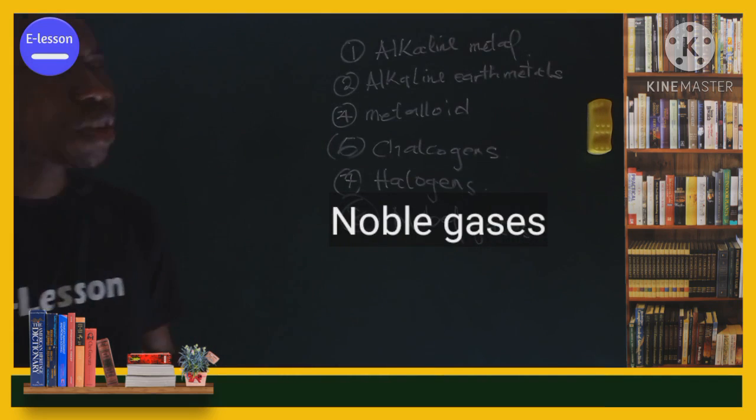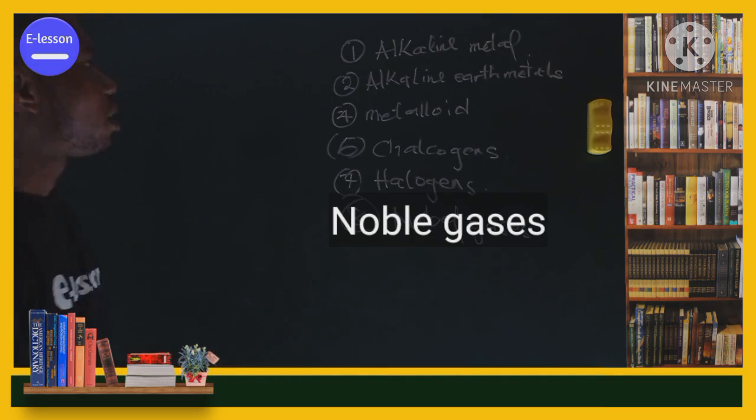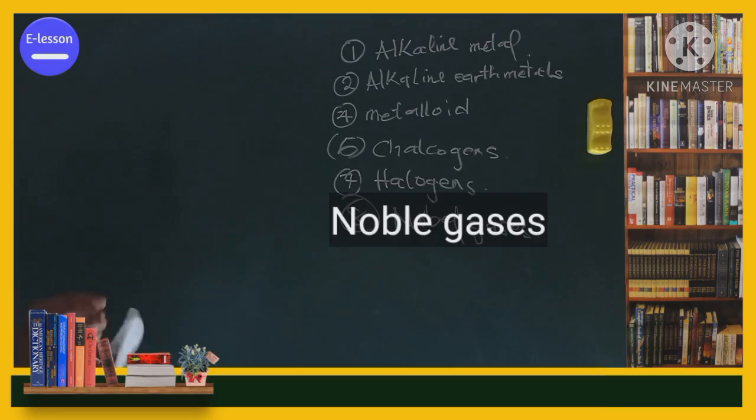These are the various groups in the periodic table. Now, the question says, what alkaline earth metal is located in period 3? The alkaline earth metals are the group 2 elements. So, which of them is located in period 3 of the periodic table?